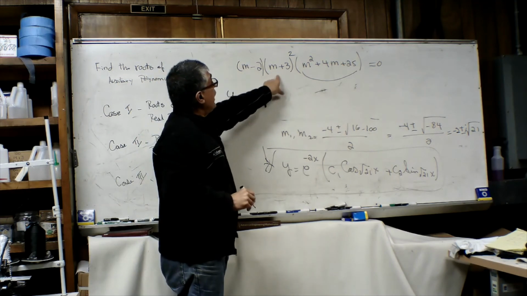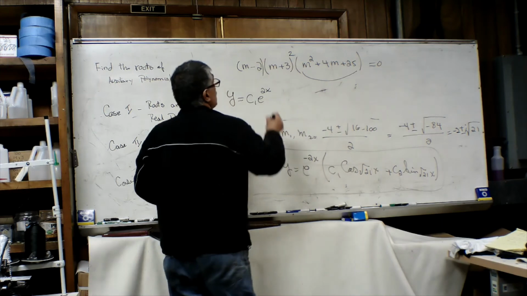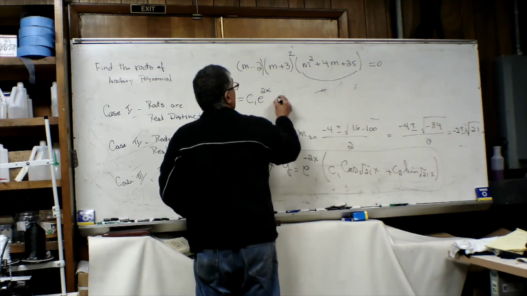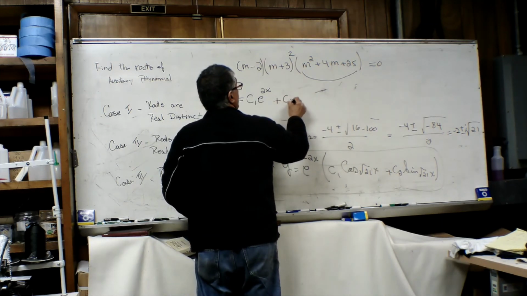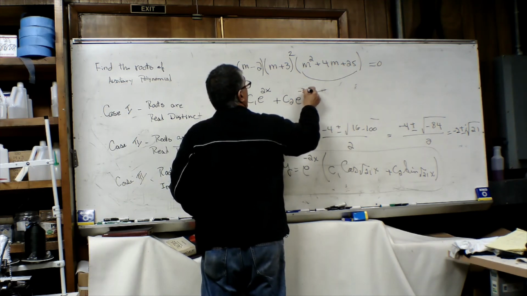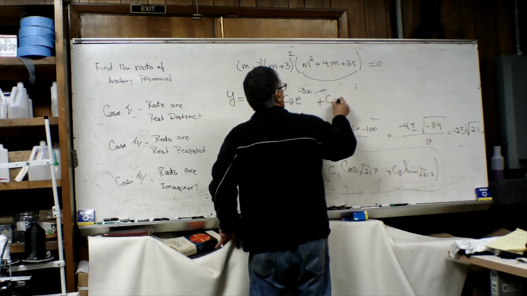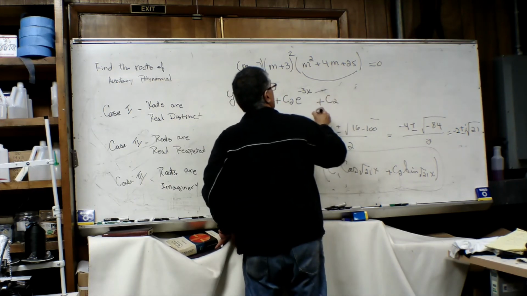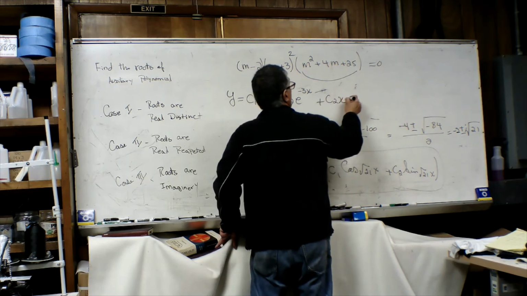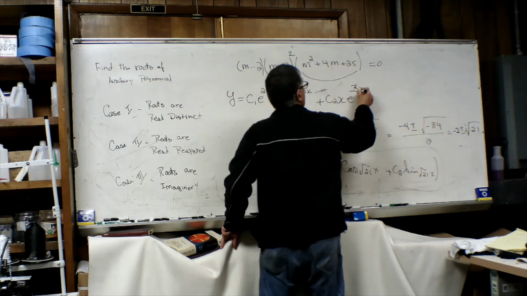Now we have m equal to minus 3 a couple of times. So plus c2 e to the power minus 3x plus c3 x e to the power minus 3x.